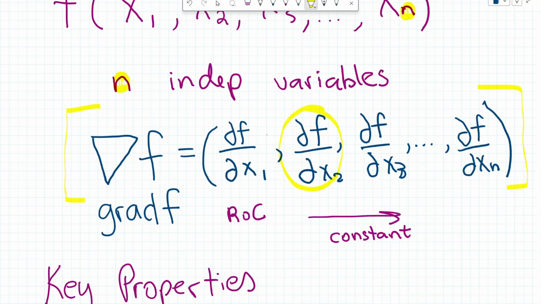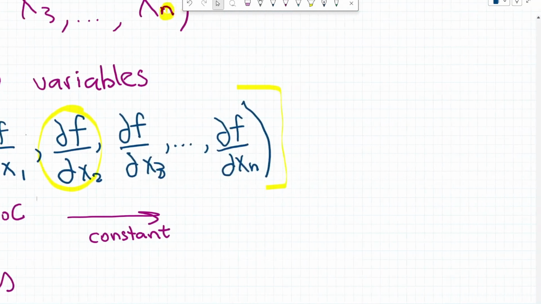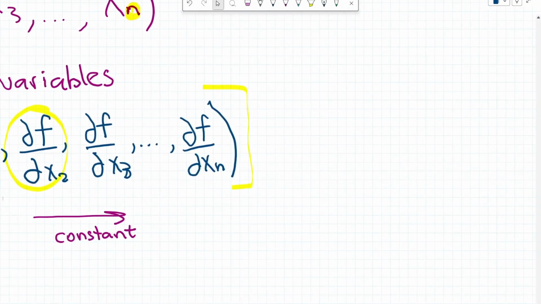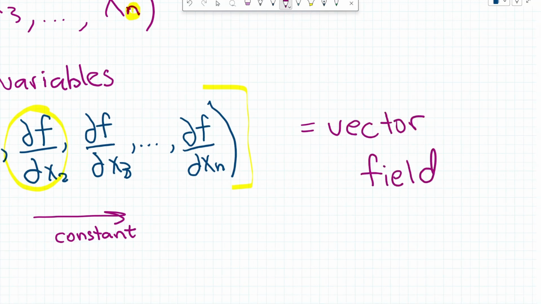The other thing that I wanted to mention is that a gradient is a vector field. This is this new concept of vector calculus, which we'll get into deeper. Essentially, this gradient is this vector field where each point in the space has its own corresponding gradient vector.